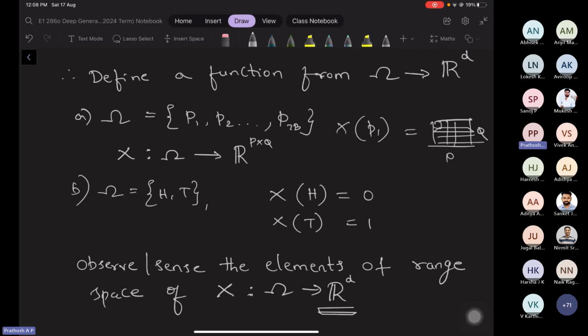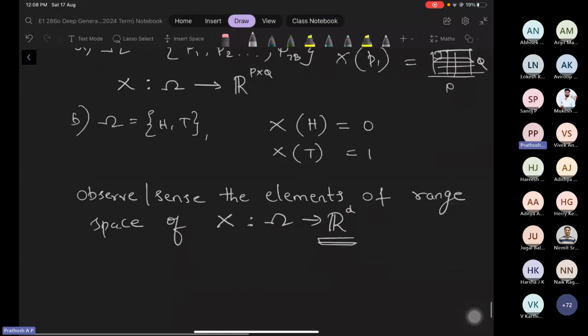And do you know what this function is called? Does anyone know what this function is called? It's a random variable. That's the most unfortunate thing that has happened. This function x is called a random variable, the biggest misnomer of all times.